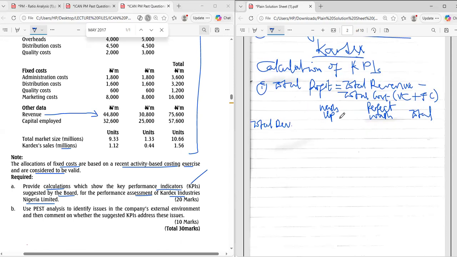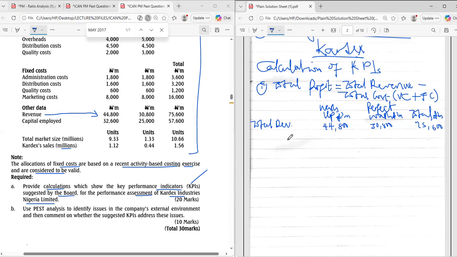Please let your own be in millions too. So I can have 44,800, and here 30,800, and the total as 75,600.